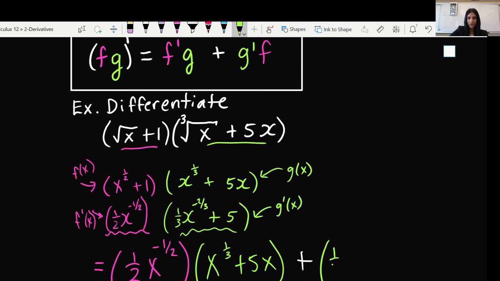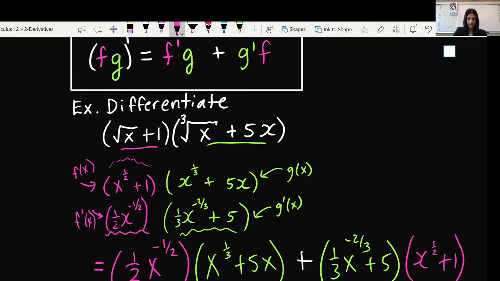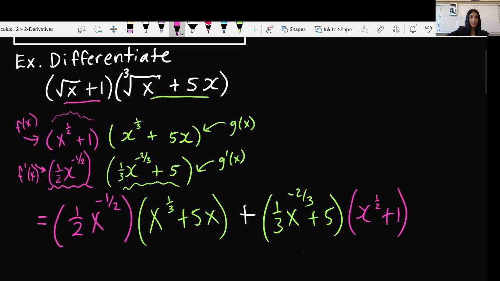So I'm going to do 1/3 x to the -2/3 plus 5. And I'm going to multiply that by just my regular function, f of x, which is this one over here. So that would be times x to the 1/2, all plus 1, like this.